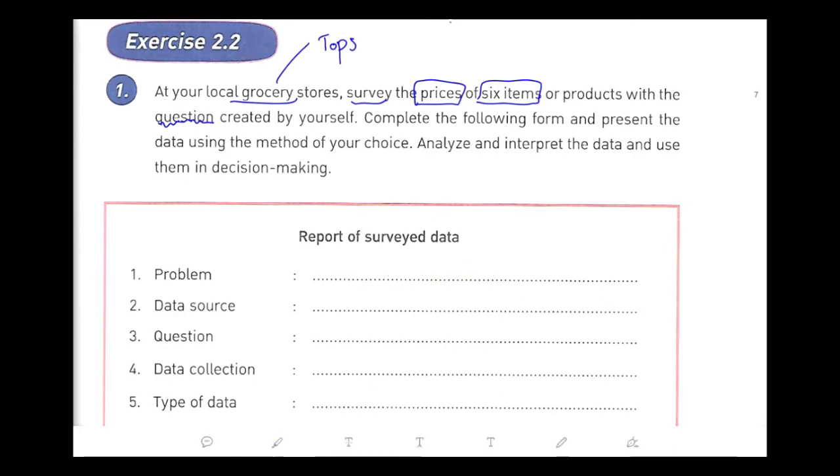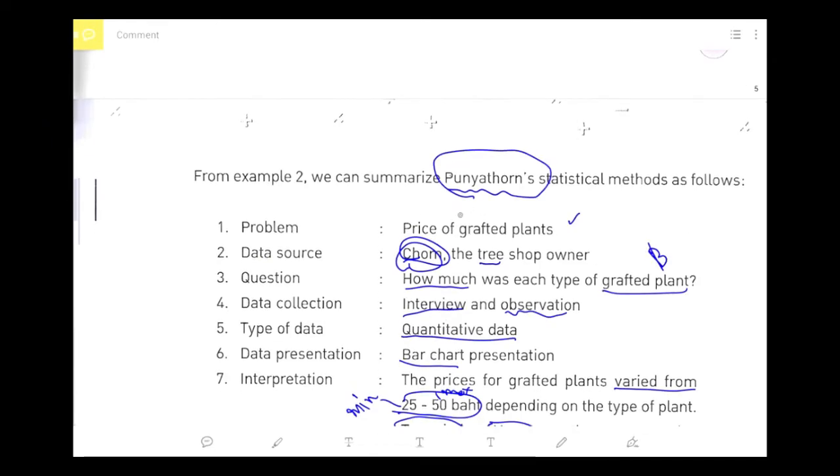For the questions, if you don't know what to do, you just go back to Jom. His question is how much each type of grafted plant costs. He wants to know the price.